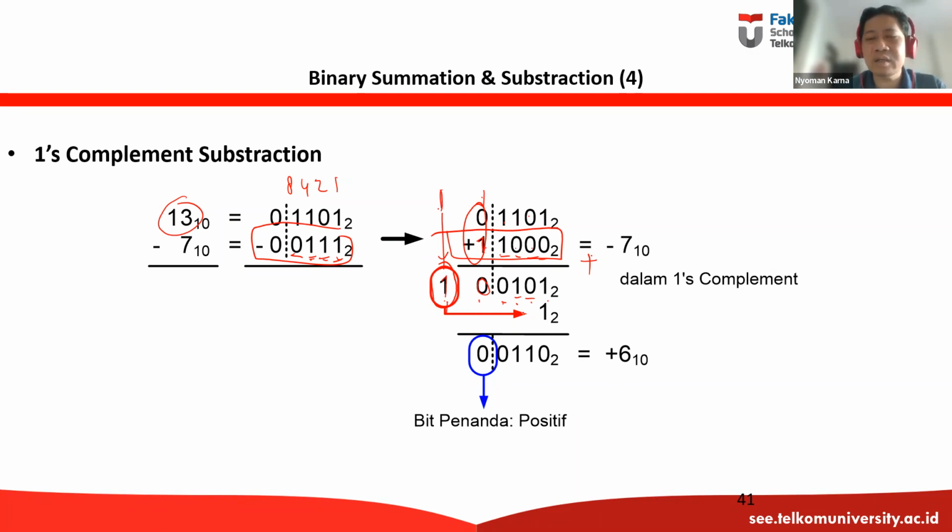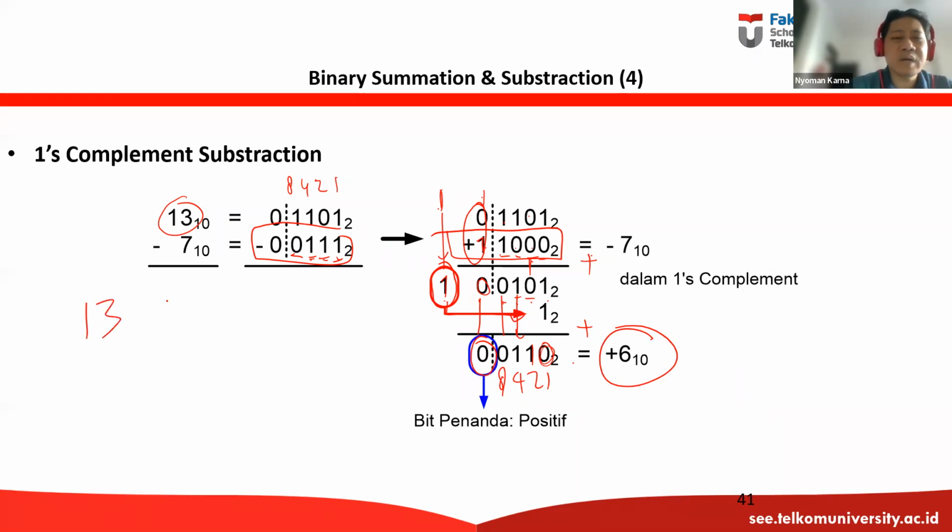So we need to put 1 in here, and then we add it again. 1 plus 1 is 0, 1, because 1 plus 1 is 2 actually, and then 1, 0, and then 1, and then this one is 1, 0, 0. So the result is a positive. Now, because it's a positive, we don't need to complement anything. So it's positive 6.